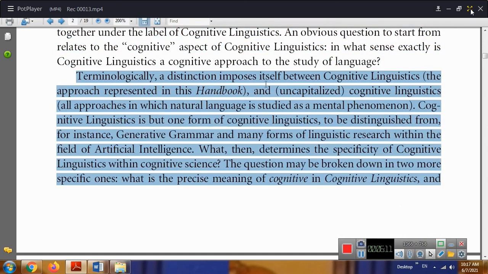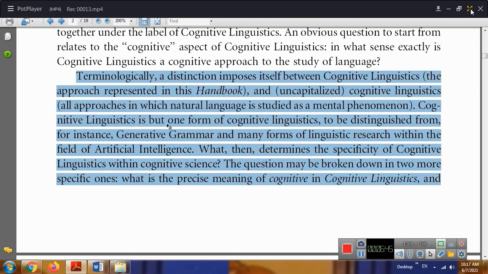Terminologically, a distinction imposes itself between Cognitive Linguistics and cognitive linguistics, which is uncapitalized. The uncapitalized form refers to all approaches in which natural language is studied as a mental phenomenon. Okay, when we use cognitive linguistics in this uncapitalized form, it refers to all approaches in which natural language is studied as a mental phenomenon.